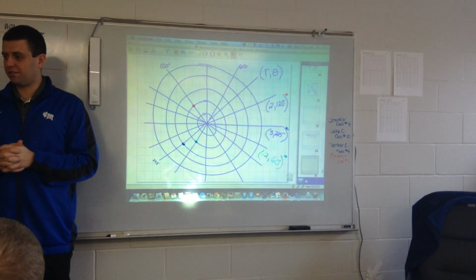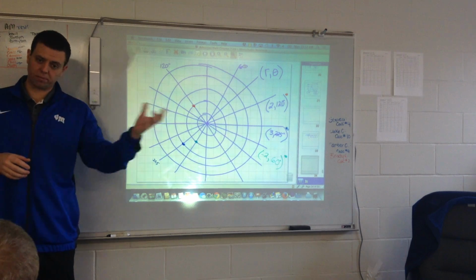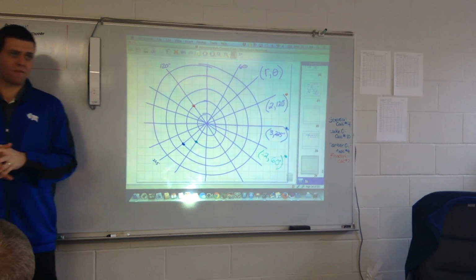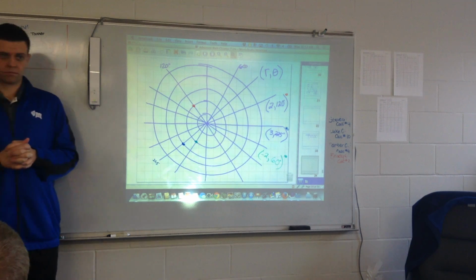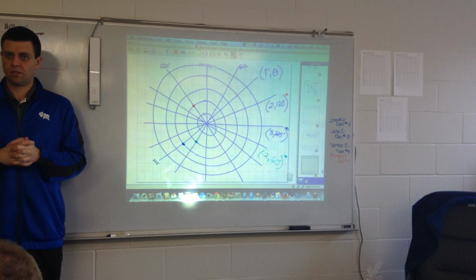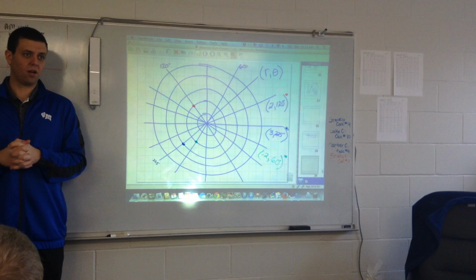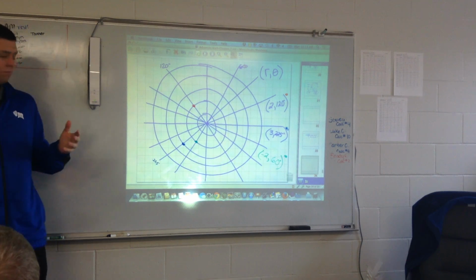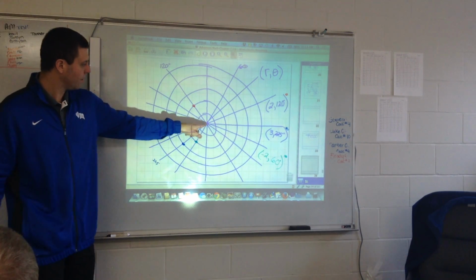And then lines, instead of the equation saying r equals something, it's going to say theta equals something. If I would say theta equals pi over 2, that means I want all points that would fall on the pi over 2 angle. Well, pi over 2 is straight up, right?